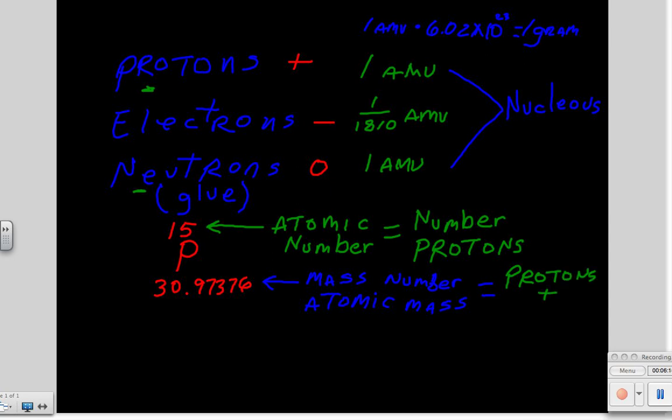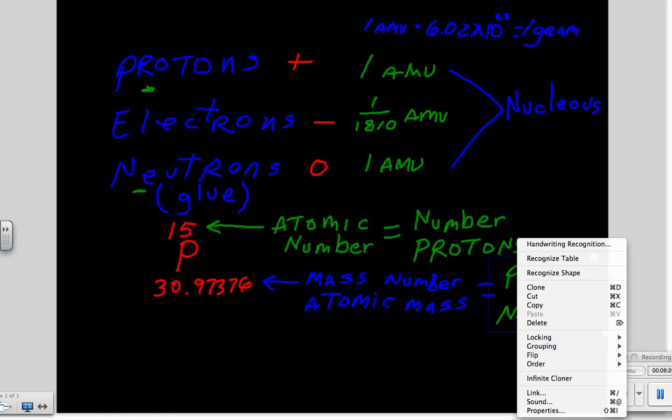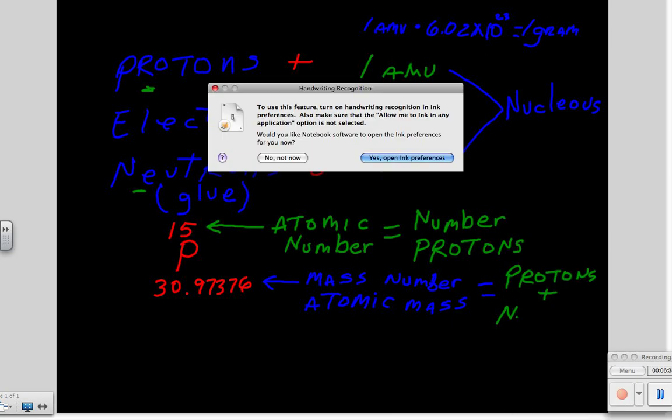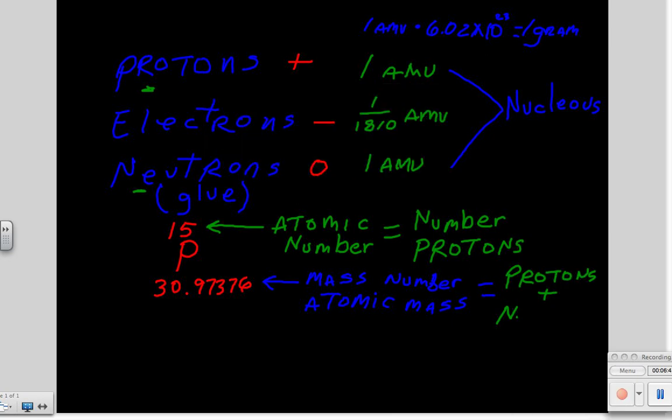Now sometimes, quite often actually, there's going to be a different number of neutrons holding the protons of an element together in the nucleus, in which case you get what's called an isotope.